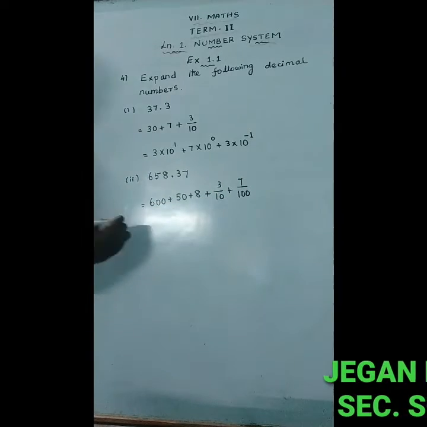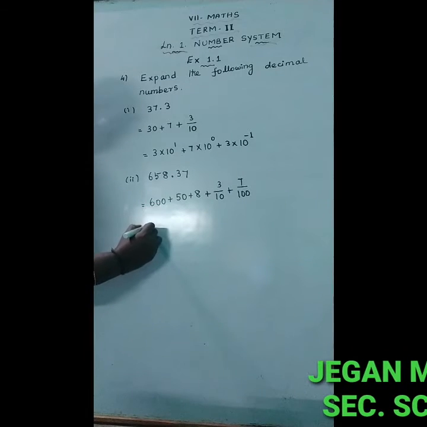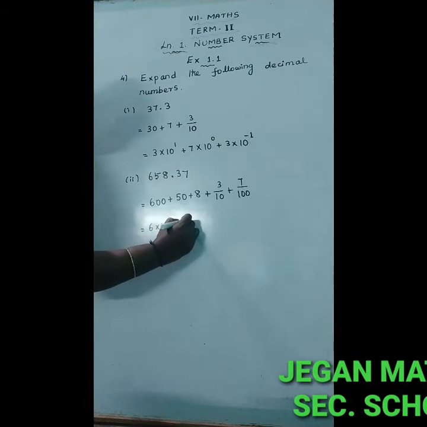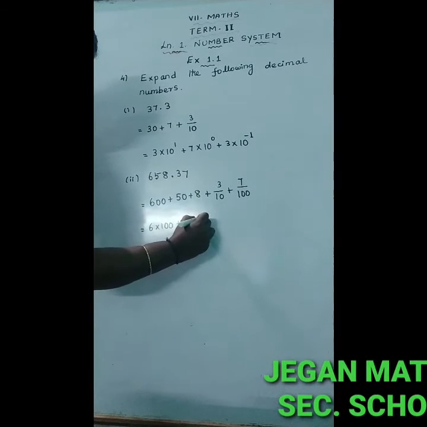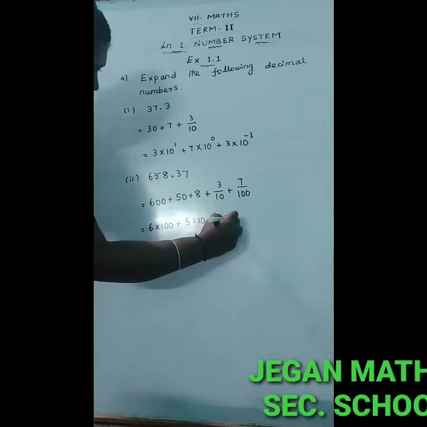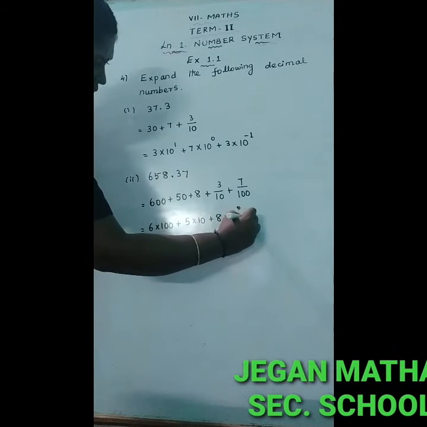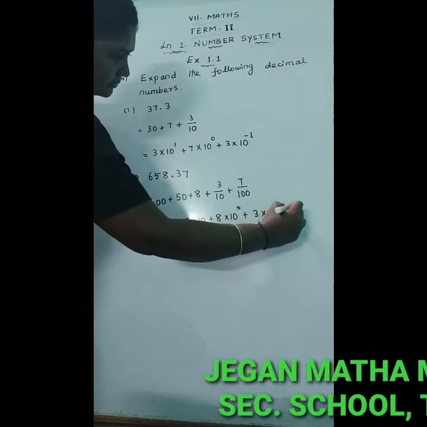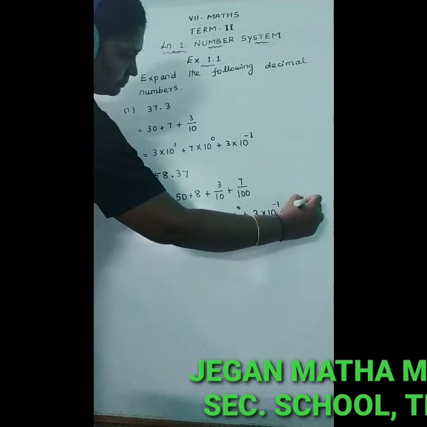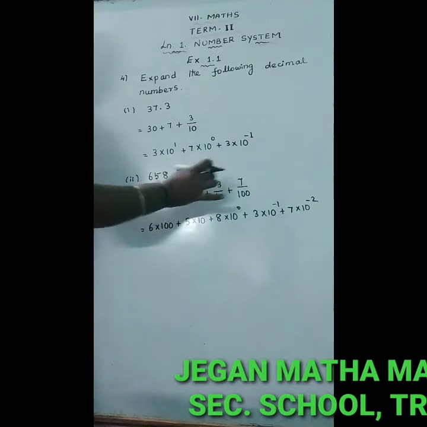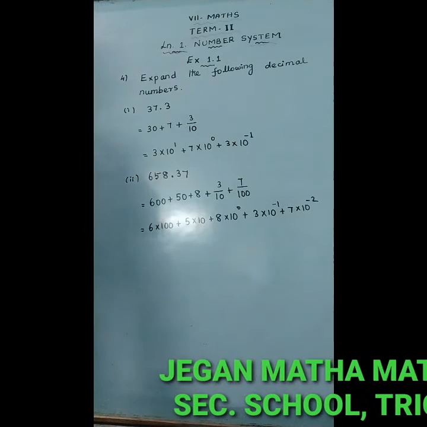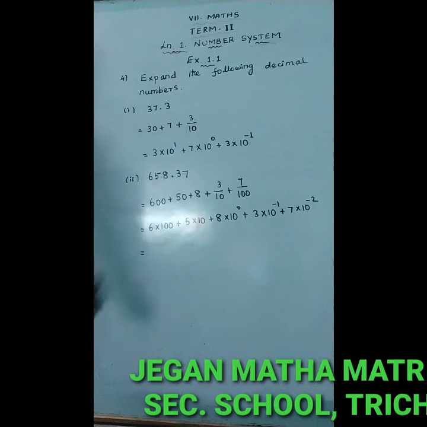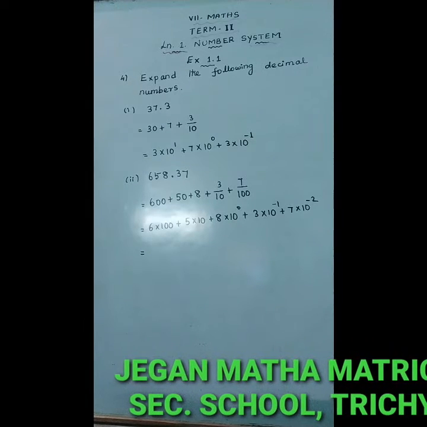So we change into powers of 10. 600 means 6 into 100, plus 50 means 5 into 10, plus 8 into 10 power 0, plus 3 into 10 power minus 1, plus 7 into 10 power minus 2, because 7 divided by 10 power 2 changes into 7 into 10 power minus 2. The 100 is changed into 10 square.